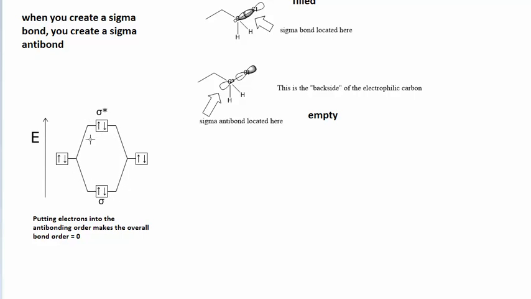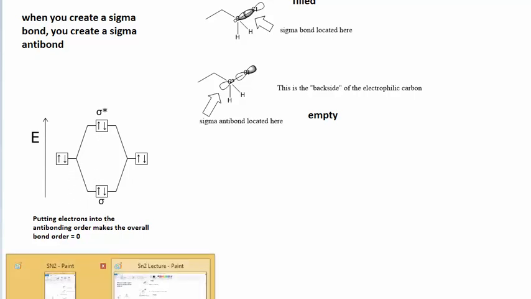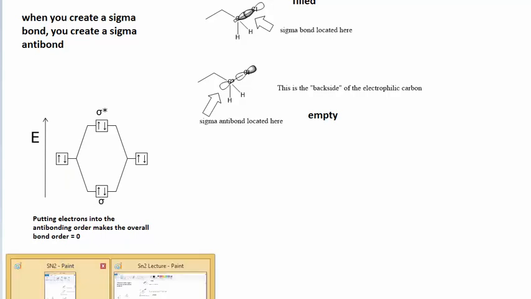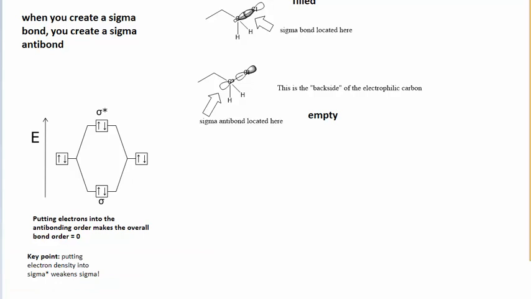But if you put electrons into the antibonding orbital, the overall bond order is 0, which means that there's really nothing holding the molecule together. So the key point here is that if you put electron density into the sigma star antibonding orbital, this will weaken the sigma bonding orbital. Well, what could possibly donate into the sigma antibonding orbital?